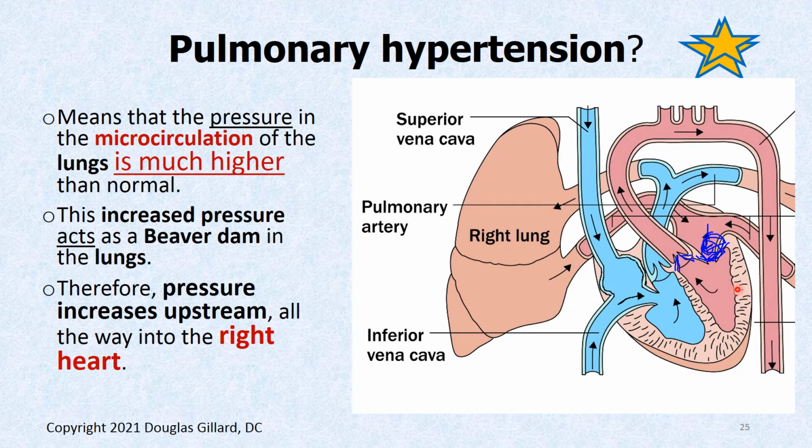The aortic valve. Beaver dam, can't get blood through here. So in both of these instances, the blood backs up this way and it backs up into the right ventricle and then the right atrium, and then you've got super high pressure here, and then the blood squirts through that PFO. See how that works?